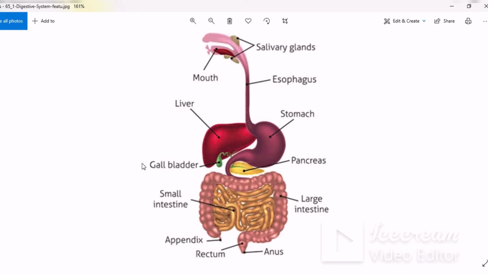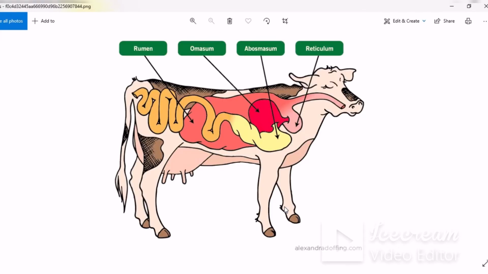But by the way, you should understand also that not all digestive systems look like each other. If you look at the digestive system of the cow, for example, you can see that it's very complicated and very long. Why? Because this one eats grass and plants, and plants are very difficult to break down, so it needs a very complicated and very strong digestive system to break down all the plants, not like the dog or the other animals, carnivores, I mean, that eat meat.